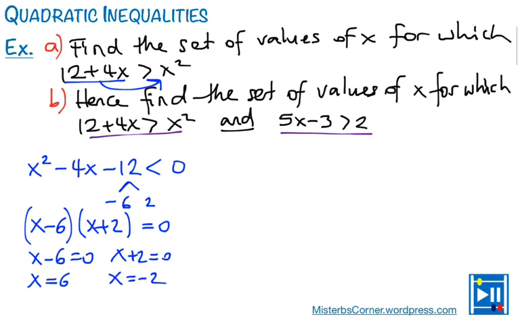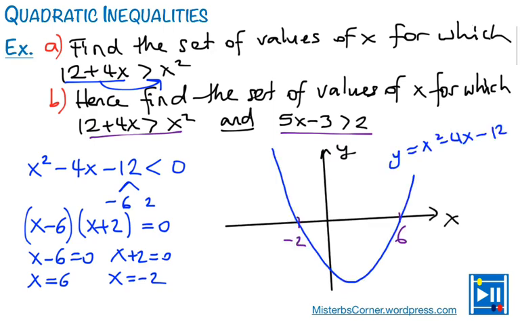And then I can just draw a graph to find the set of values of x. As I need the negative values for y, I'm going to choose the x values which are in between the roots, because here the graph is under the x-axis, so the y values here are negative. So my answer to part A will be -2 less than x less than 6.